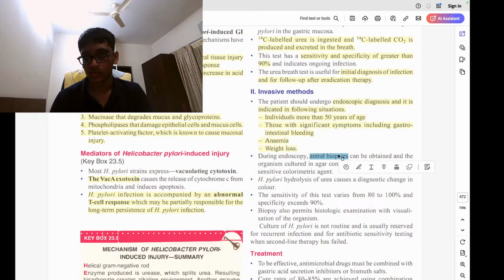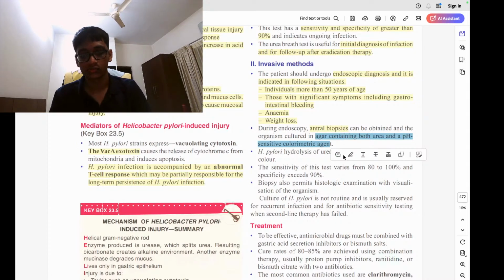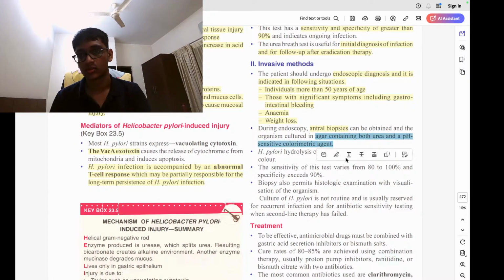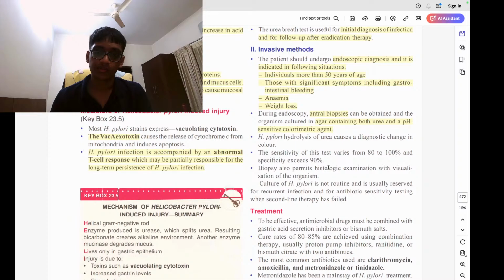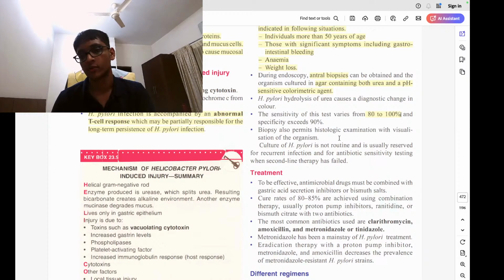Antral biopsies can be obtained, with agar containing both urea and pH indicator. H. pylori hydrolysis causes a diagnostic change, and specificity exceeds 90%. This is the only thing which is important. And biopsy permits histological examination with visualization of the organism. Culture is not routine. That's it.